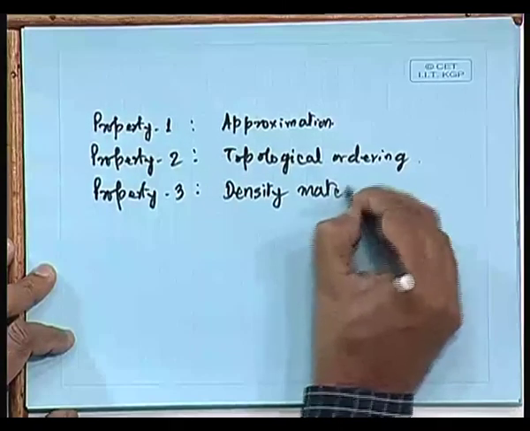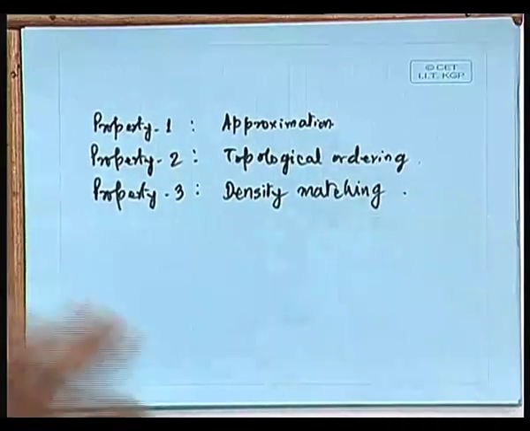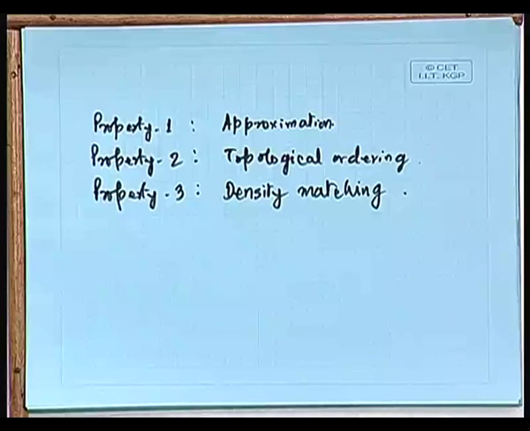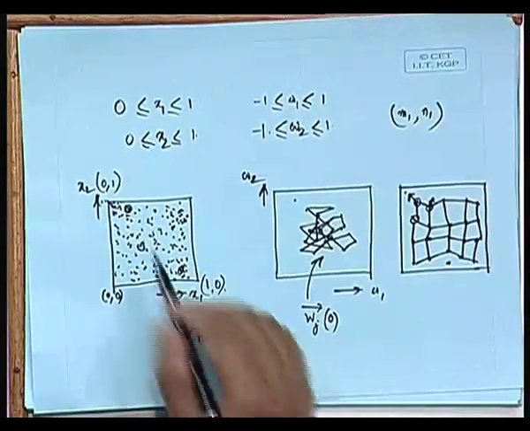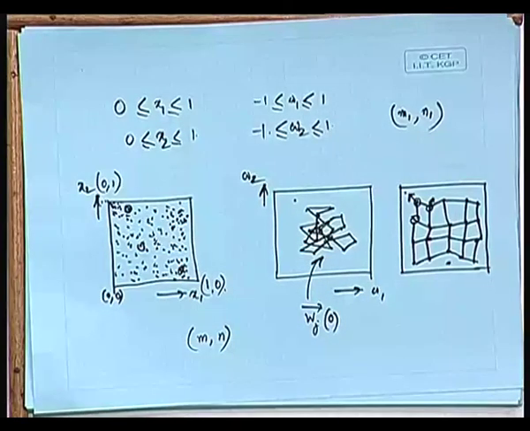Now, just to explain what density matching really means, let us go back again to this diagram. Here, what I intended to do initially was to make this x1 x2 vector distributed in a uniform way. We wanted to have a uniform distribution of x1 x2 vector in this x1 x2 space, but we could not make it uniform.